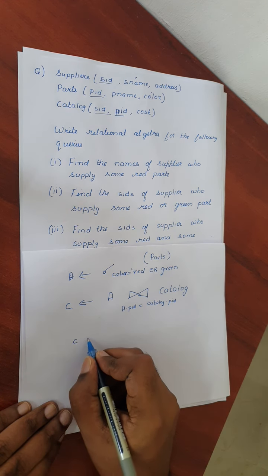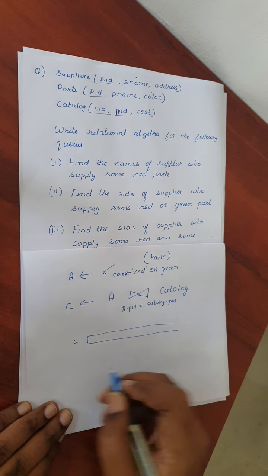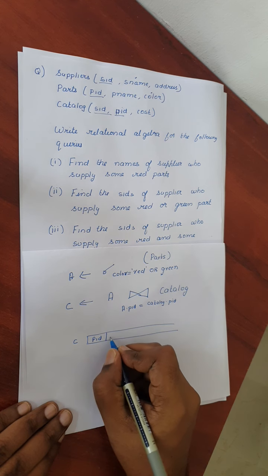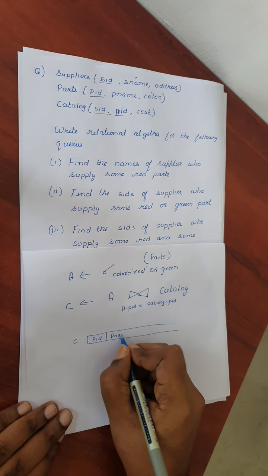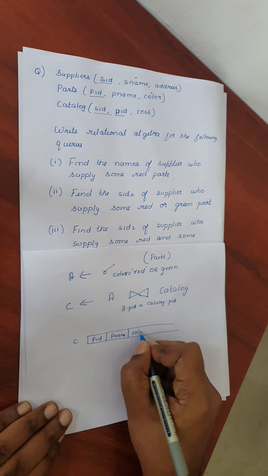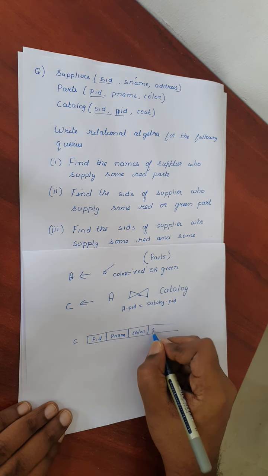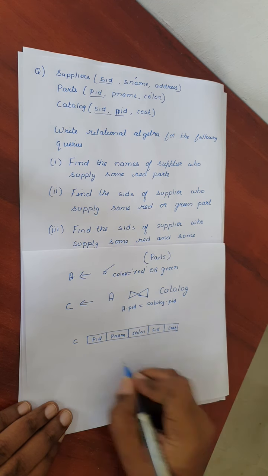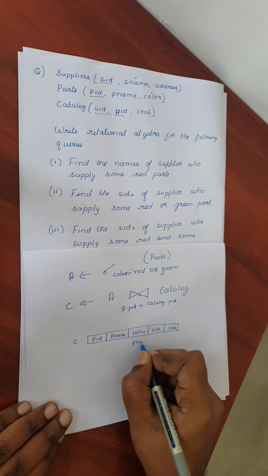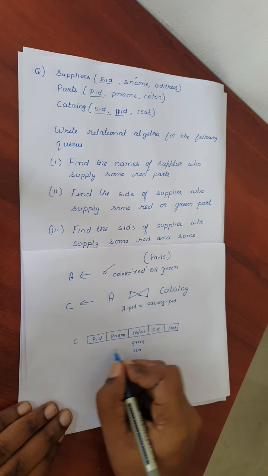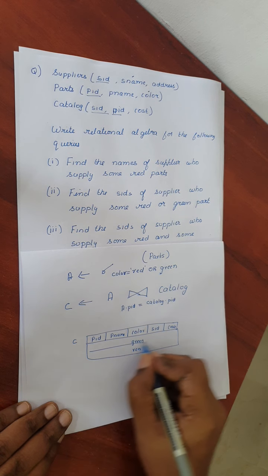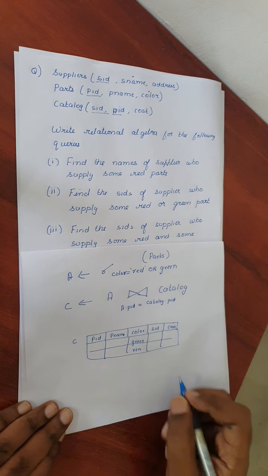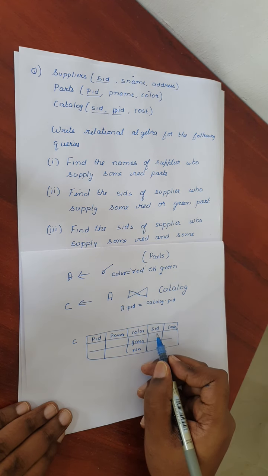Now in this relation C we are having these attributes. Which ones are there? PID is there, PName is there, color is there, then SID is there, cost is there. Okay, so all the fields of red and green are stored in it, right? So from that we can retrieve the SID. We want to display the SID, right?